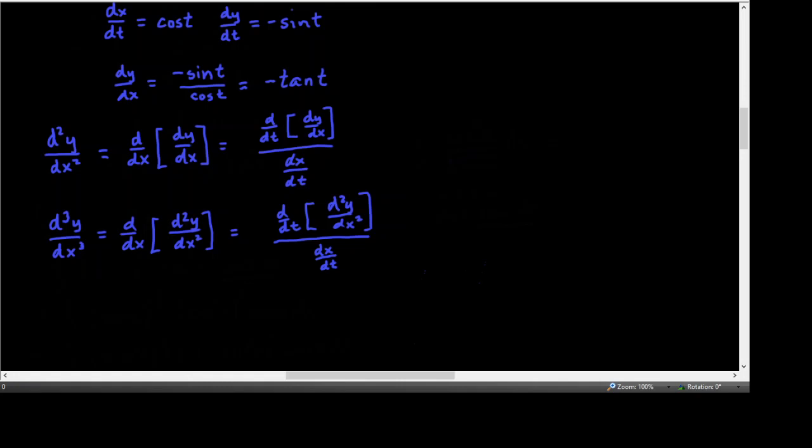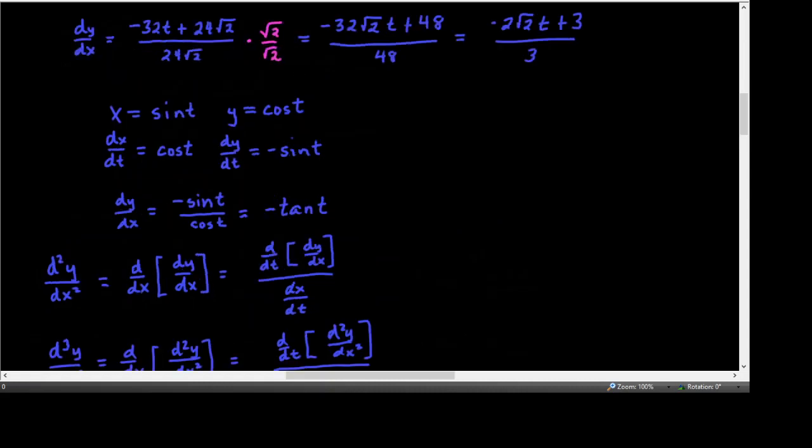So let's go back to our example that we did earlier. It's right up here, this one. And let's find its second derivative. So I'm just going to do this over here. So we're going to take the derivative of our answer, and that will give us negative 2 square roots of 2 over 3, because that's the constant in front of t.